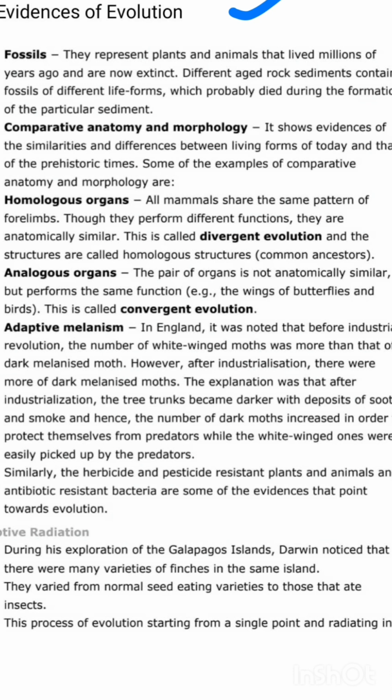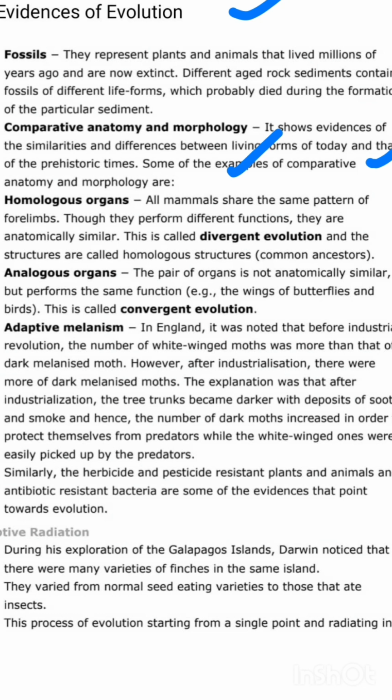Then comparative anatomy and morphology. It shows the evidence of similarity and differences between living forms of today and that of prehistoric times. One example of comparative anatomy and morphology is homologous organs. See, what is a homologous organ? All mammals share the same pattern of 4 limbs.